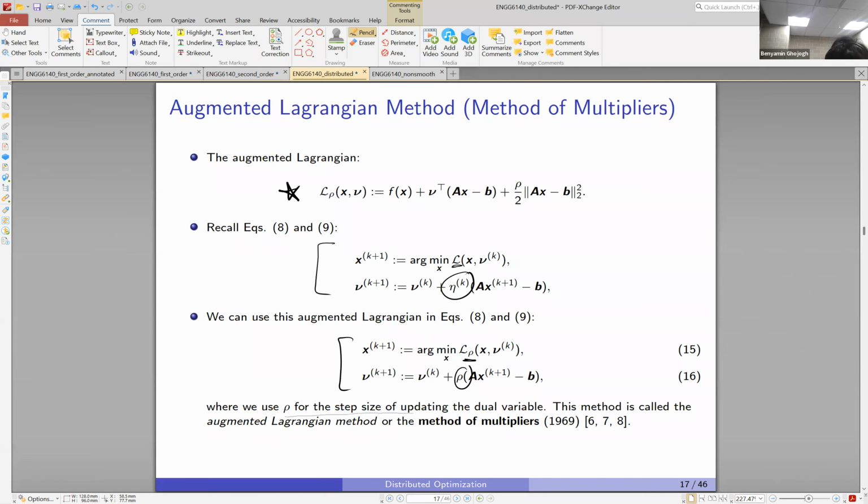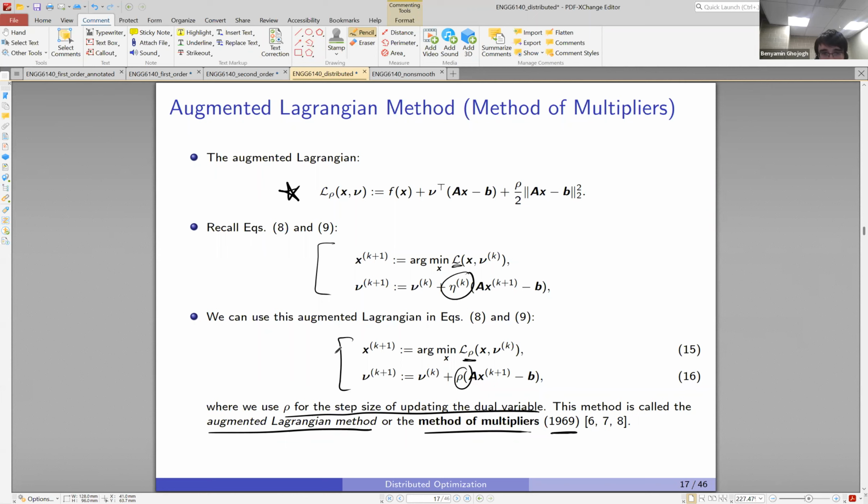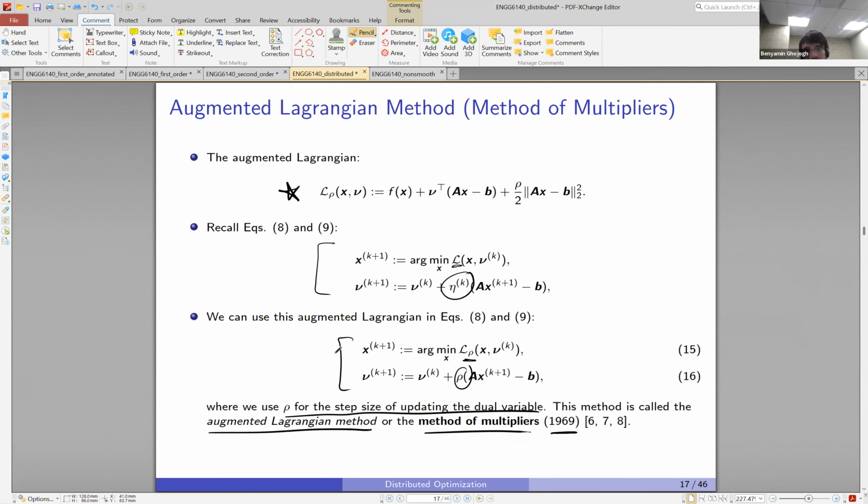Rho is the step size for updating the dual variable as well. We used it also in the augmented Lagrangian. This method is called the augmented Lagrangian method or method of multipliers, proposed in 1969, I think in the same paper which proposed the augmented Lagrangian. Okay. So as you see, it's also a distributed optimization algorithm.